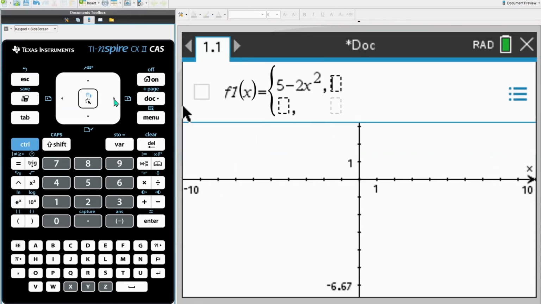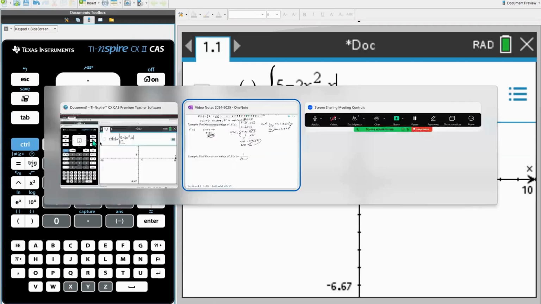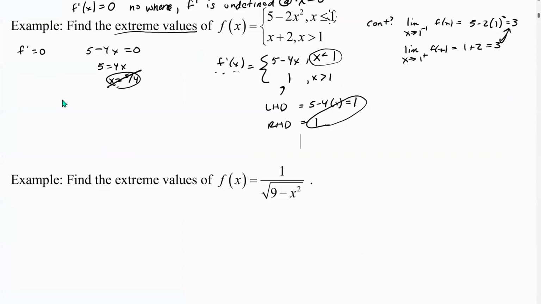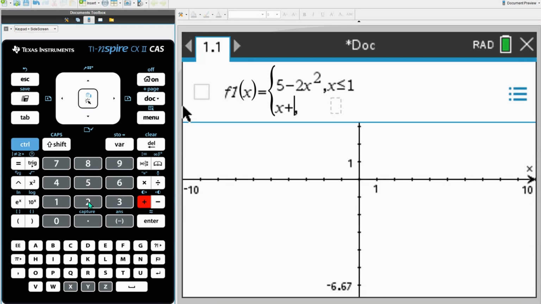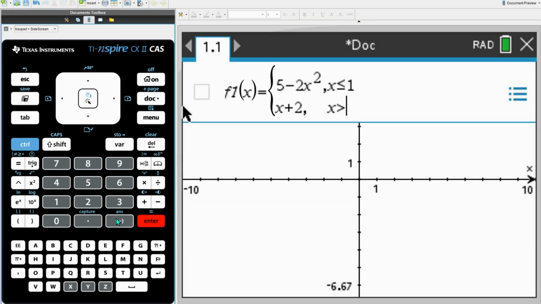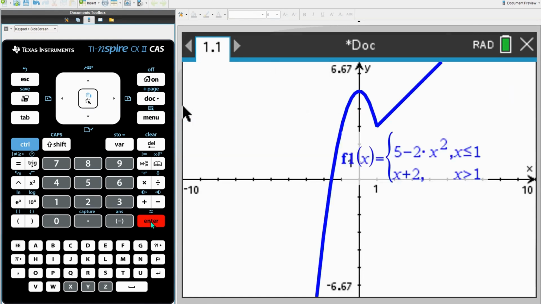And that was when x was less than or equal to 1, and that less than or equal to sign can be found above the equal sign, so control equals. Then the other one was x plus 2, when x is greater than 1. And then I hit enter.